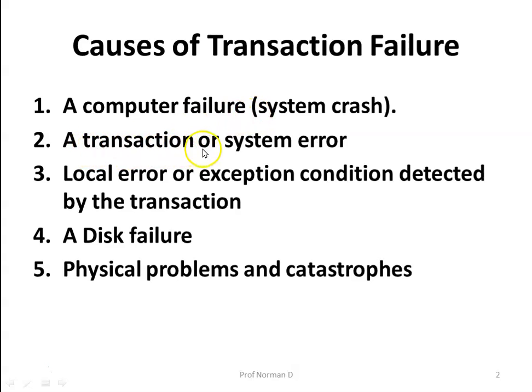And what is a transaction or a system error? Some operation in the transaction may cause it to fail, such as integer overflow or division by zero. Transaction failure may also occur because of erroneous parameters or because of a logical programming error.